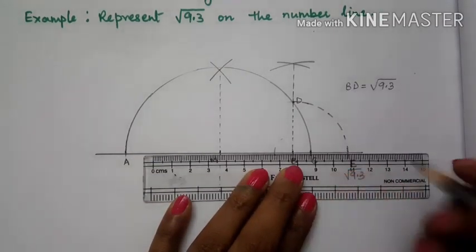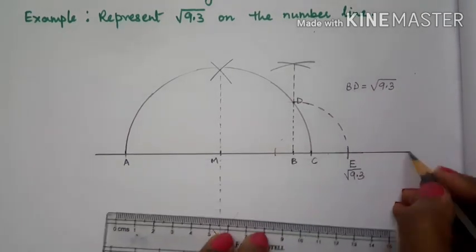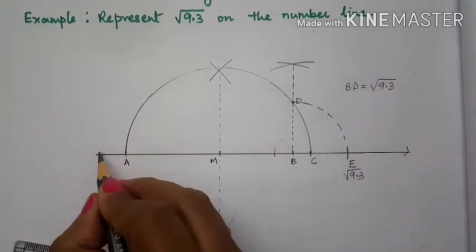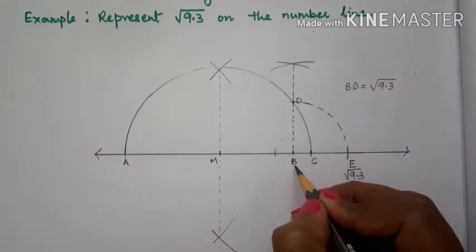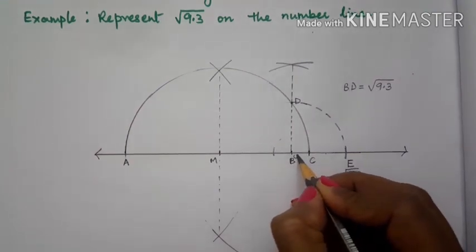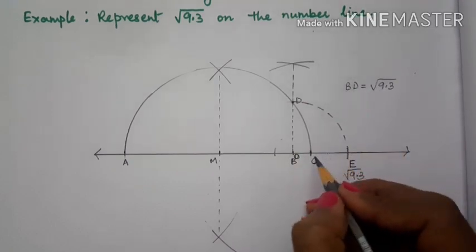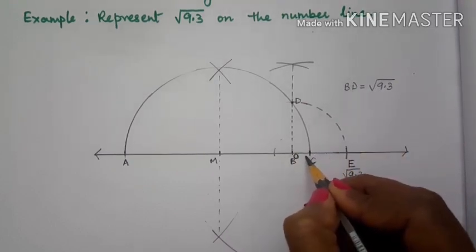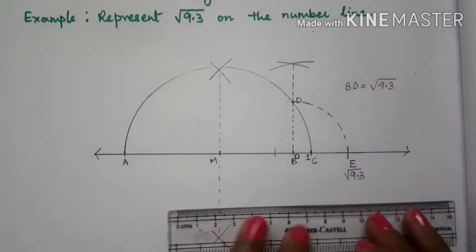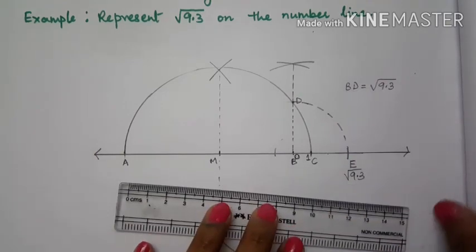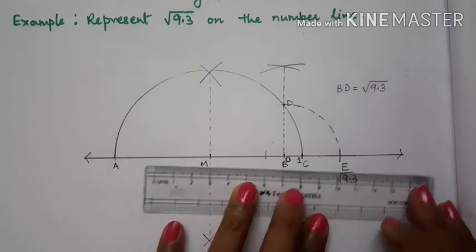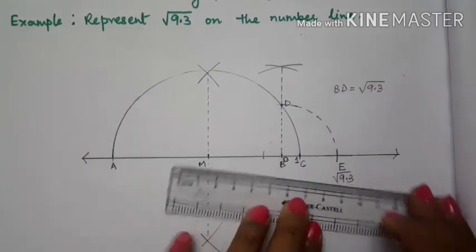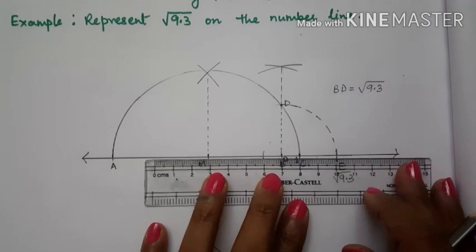Now this construction is not yet complete unless you show the number line. So to show the number line, mark points 0, 1. So 0 is at B, 1 is at C. Mark the remaining points 2, 3 and 4.